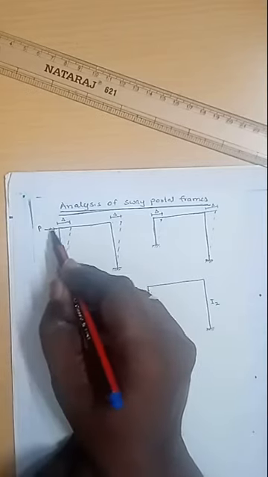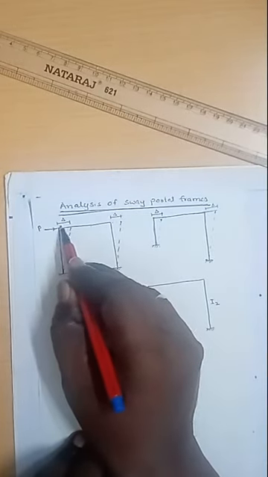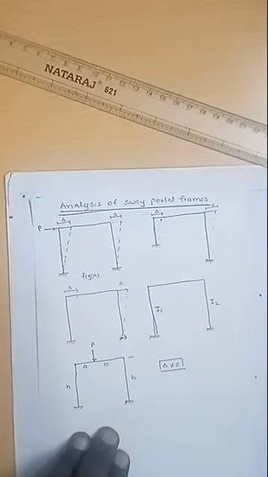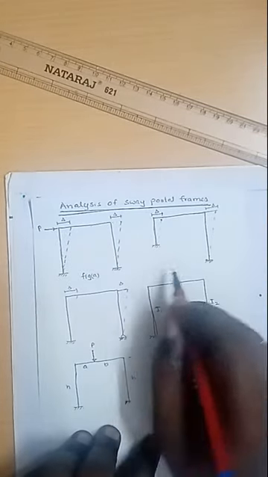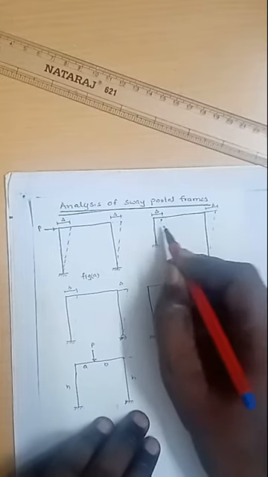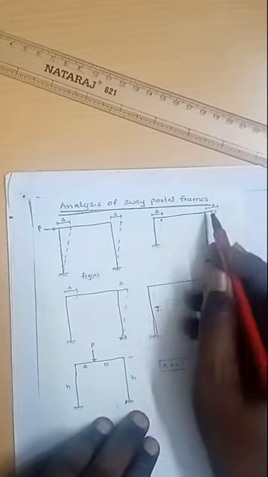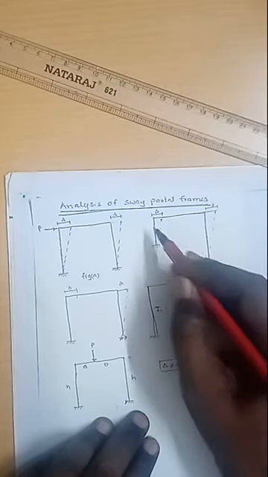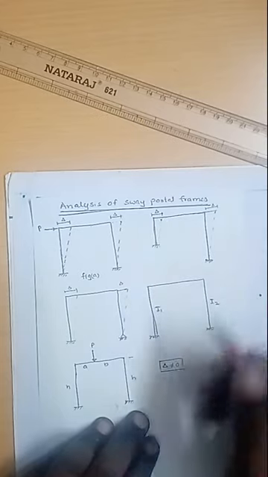Because of this lateral load, it undergoes deformation, that is lateral sway of the vertical members only, not the horizontal member. You have to consider the lateral sway in the vertical members only. Here this one is geometrically non-symmetrical, since the heights of the columns are different, so there may be chances of lateral sway.